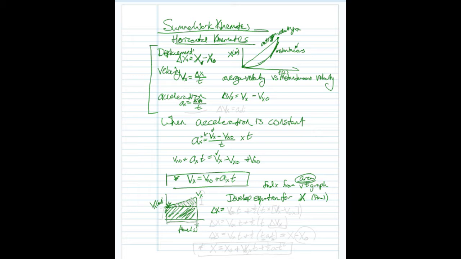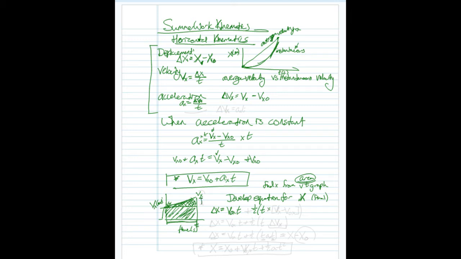To find the area of a rectangle, we take the width, which is t, and we multiply it by the height, which is v0x. Then we need to find the area of this triangle. In order to find the area of a triangle, we're going to do 1/2 of the base, which is t wide, times the height.